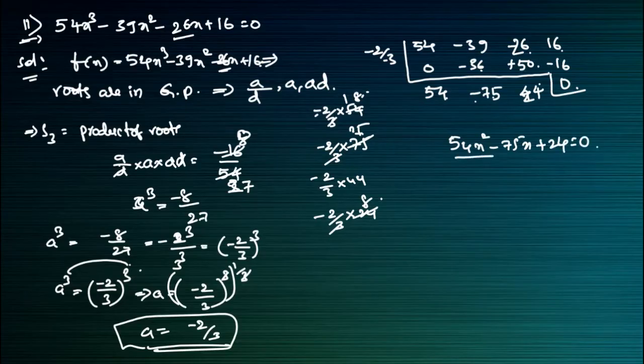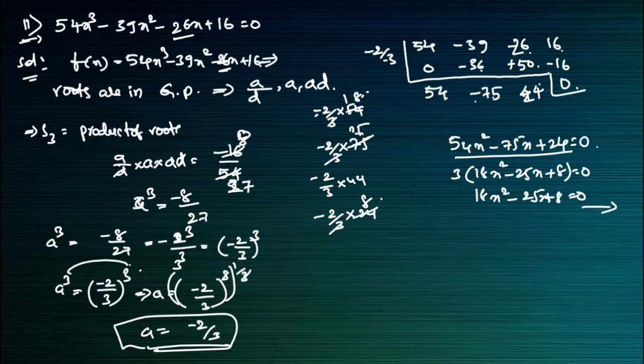So I will take common 3 from all three terms, it will become 3 into 18x square minus 25x plus 3 8s 24 is equal to 0 will come. So 18x square minus 25x plus 8 is equal to 0 is the equation we got here. So one root is this one here, so we have to find the other two roots.